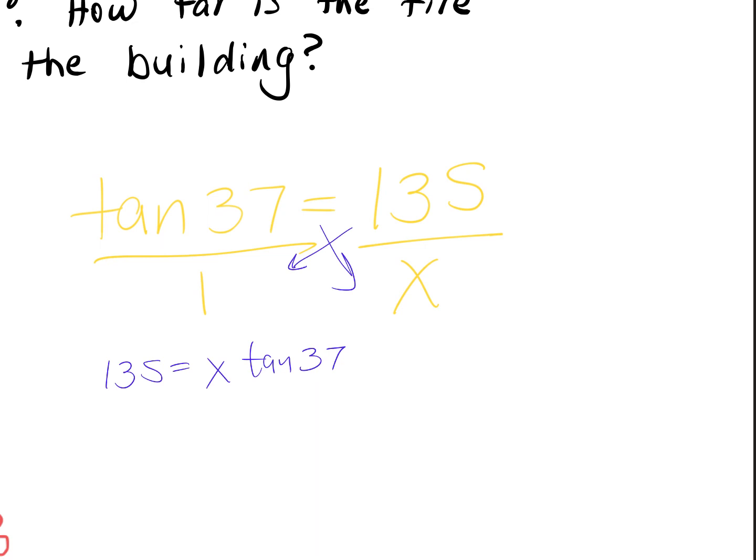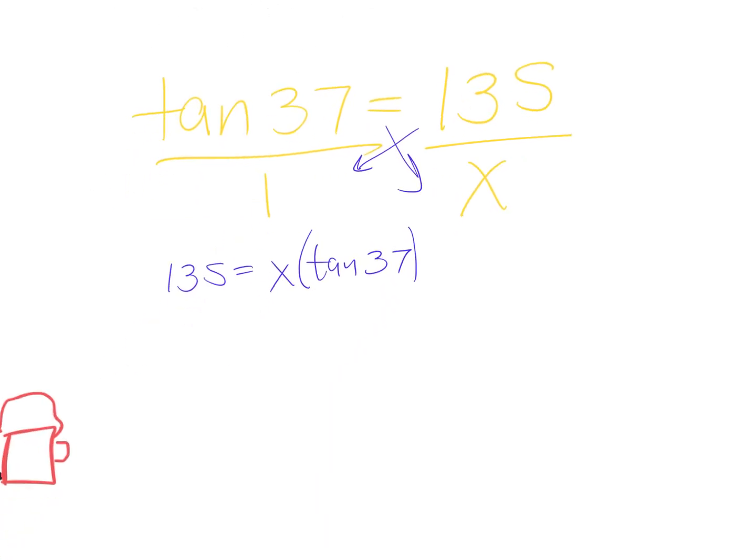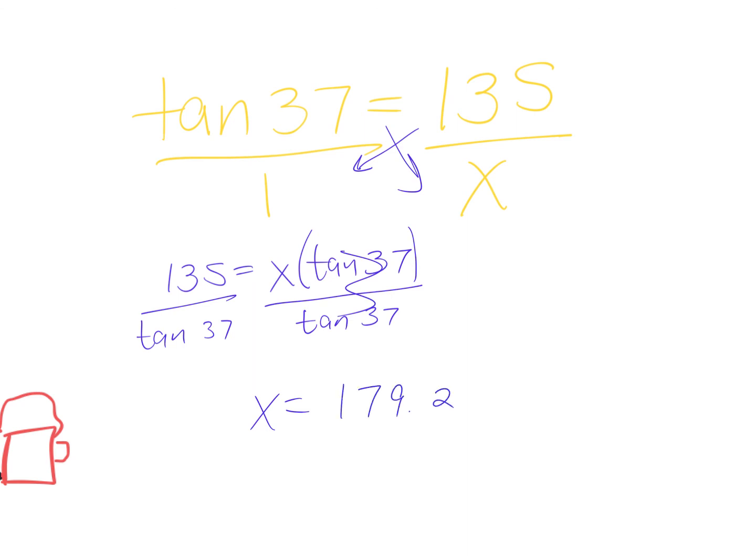Guys, the tangent of 37 is just a weird decimal. You're solving an equation. You want to get X what? By itself, so you're going to divide both sides by what? The tangent of 37, good. So X equals 135 divided by tangent 37. 179.2.